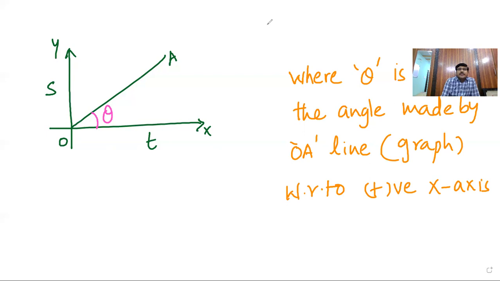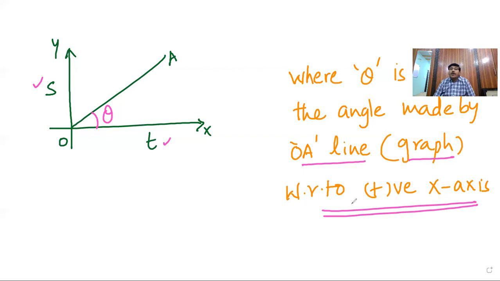The line obtained is a graph with the available data of s and t. Be careful about this: theta is always measured with respect to the positive x-axis.